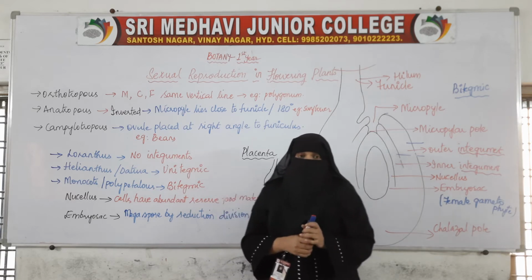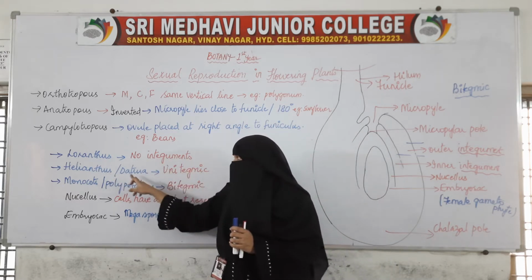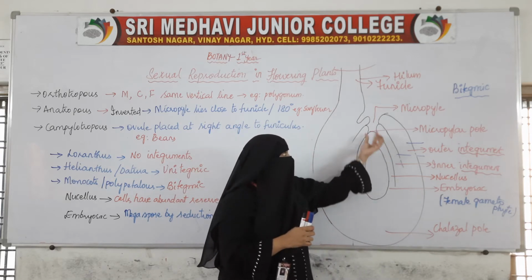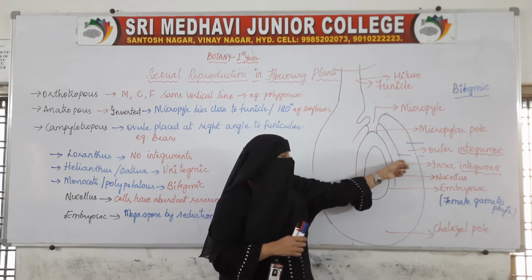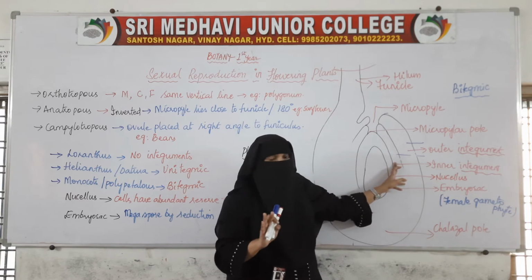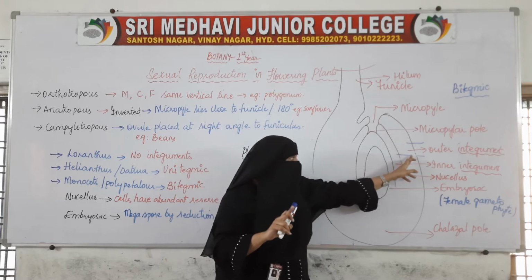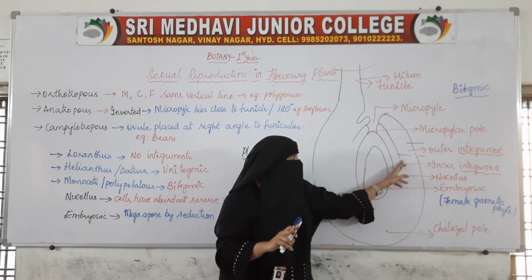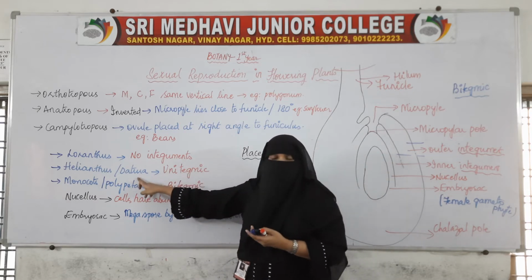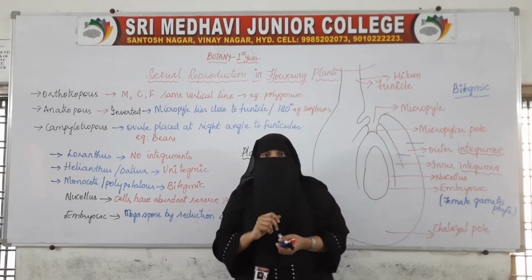There are some plants, for example Helianthus and Datura, where we find only one integument covering the whole ovule. Here in the bitegmic ovule, outer and inner layers are present, but in Helianthus and Datura only one layer covers the ovule.